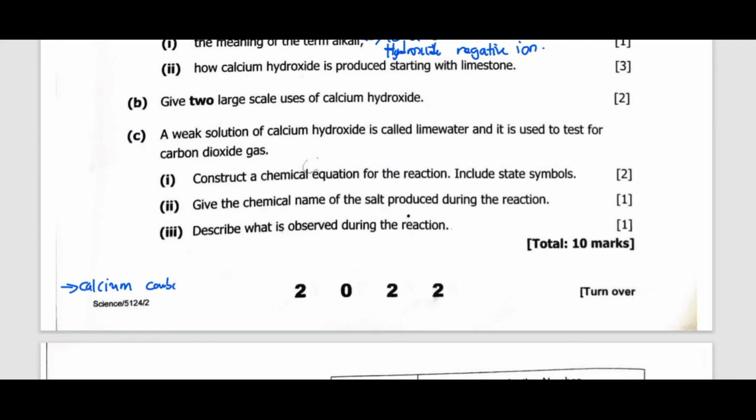Calcium carbonate is heated to form calcium oxide and carbon dioxide as a byproduct.